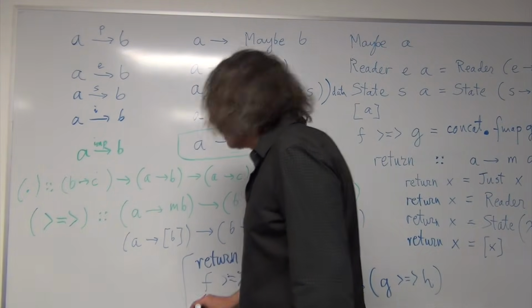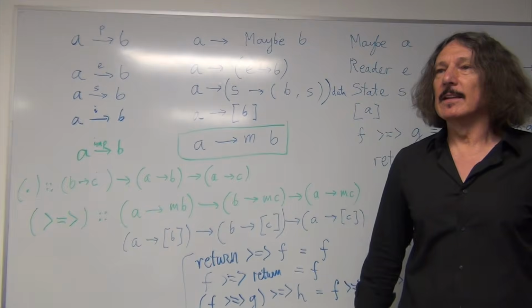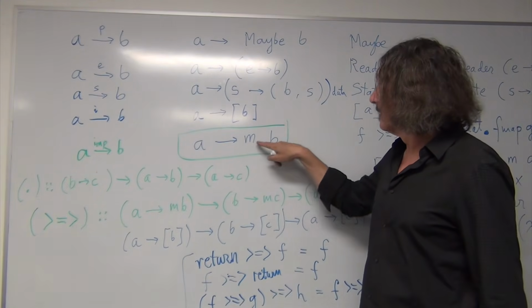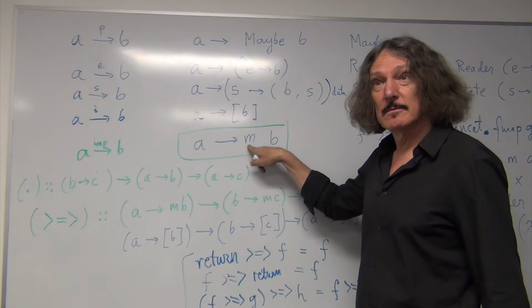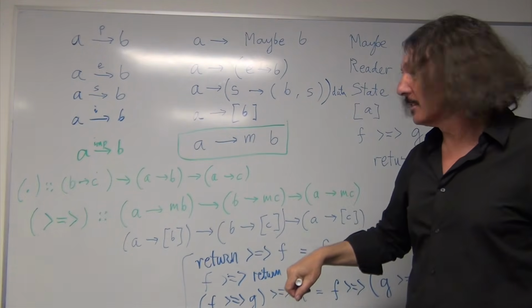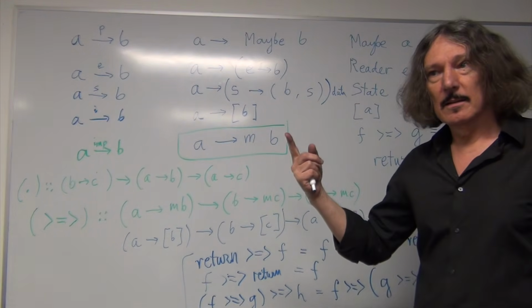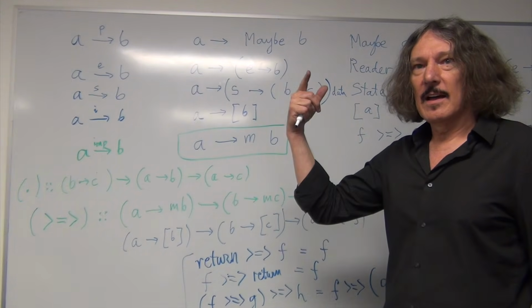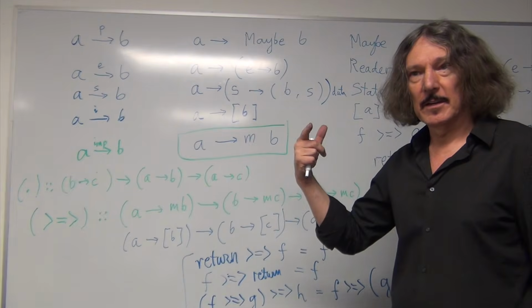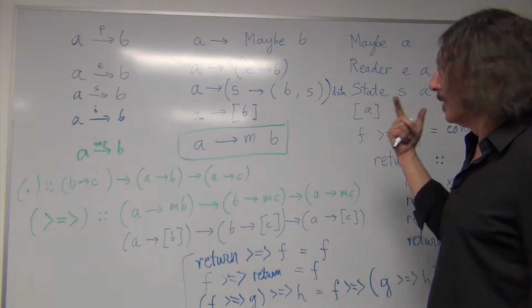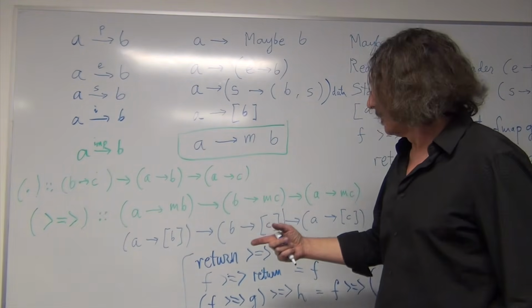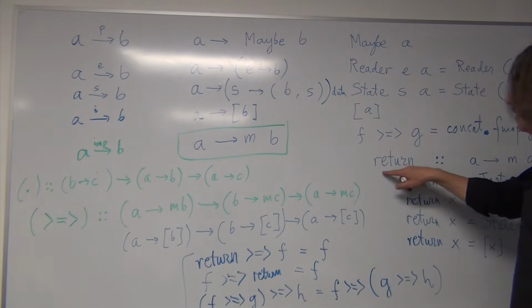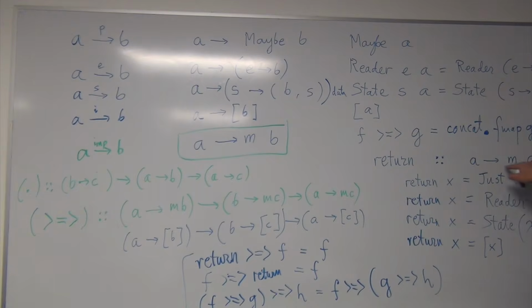So, let me quickly define a monad then. A monad is a type constructor, right? This M. A type constructor with a fish defined for it. So you know what the signature for fish is, this. And return with this signature.